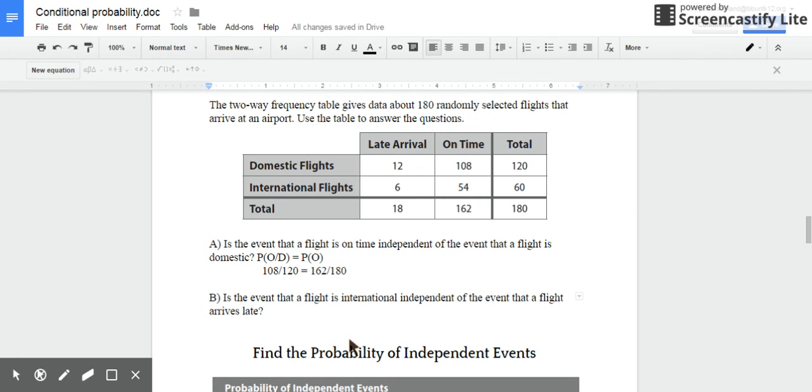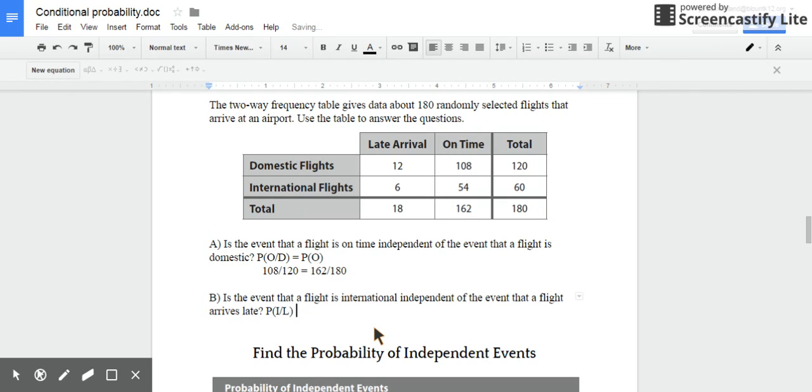Now let's check the next part. Is it independent if the flight is international of the event that it's arriving late? Remember, I'm taking a shortcut with the notation, so be careful. I do not want you to do this as you're writing your work.